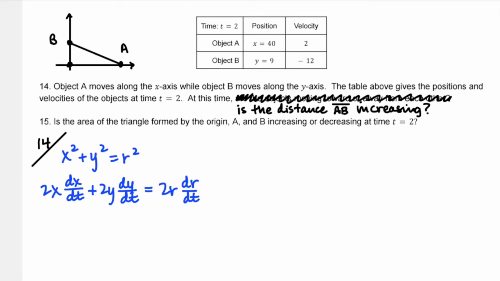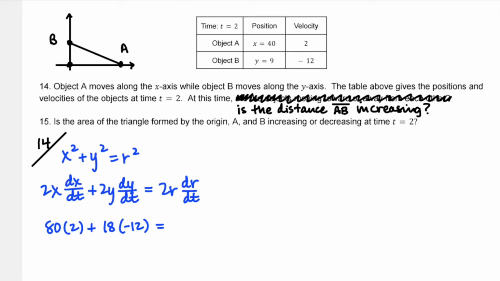Then I'm going to just plug in all the pieces. 2x would be 80, dx dt is 2, 2y is 18, dy dt negative 12. That's going to equal 2r. Now, I know that r is going to be 41 because 9, 40, 41 is a Pythagorean triple.